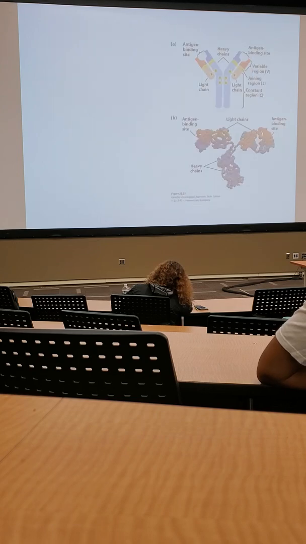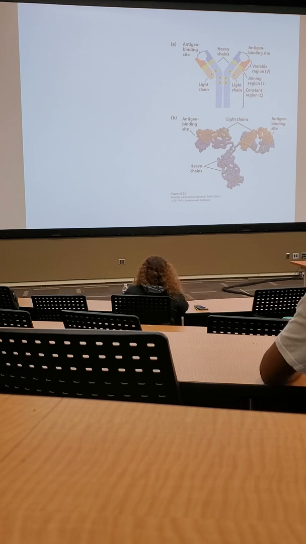So this is the shape part. Here's an antigen binding site shown here, and then its three-dimensional structure. We show them with those little silly stick cartoons, but they have this three-dimensional structure. They're mostly characterized by that Y-shaped structure. So this is immunoglobulin.